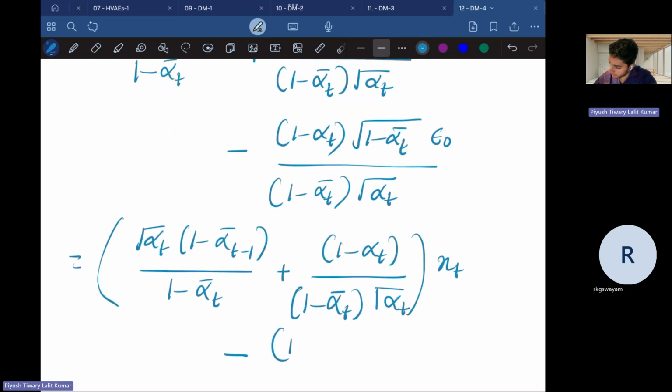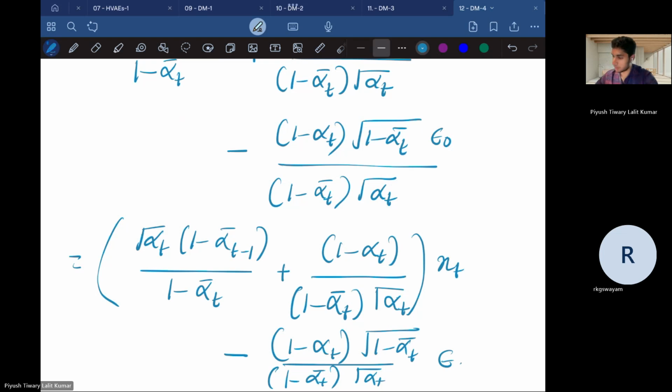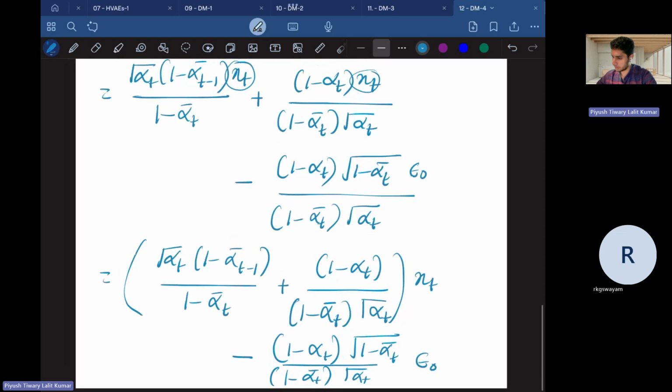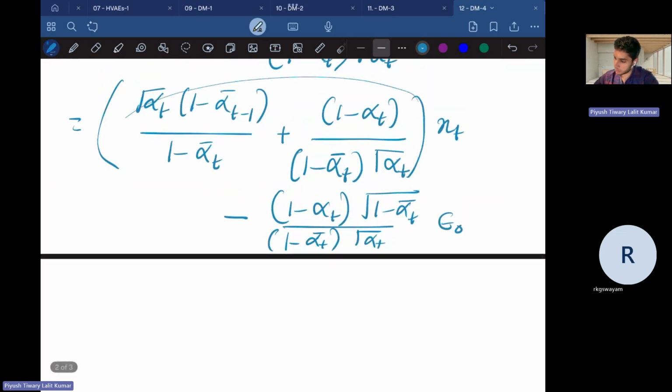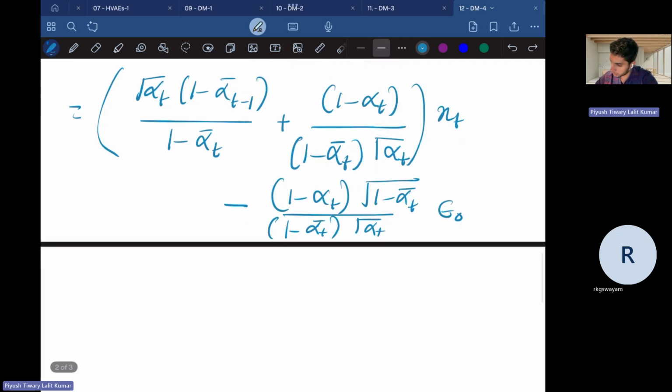Minus 1 minus alpha t square root of 1 minus alpha t bar divided by 1 minus alpha t bar square root of alpha t epsilon naught. This is what it is. Cool. Now what we will do is simplify the thing that is associated with the xt, right? This thing.